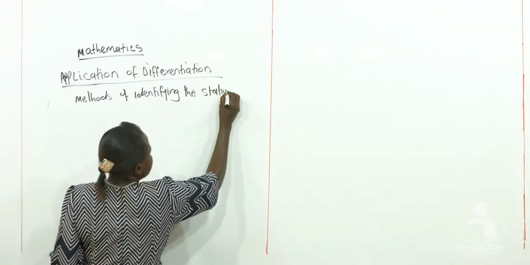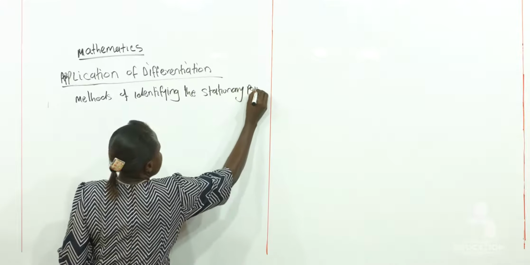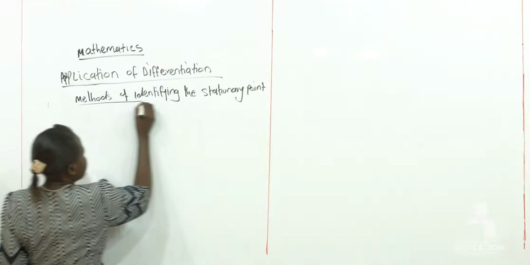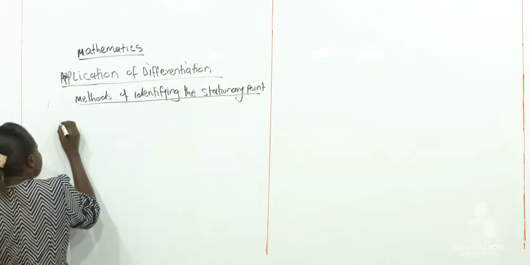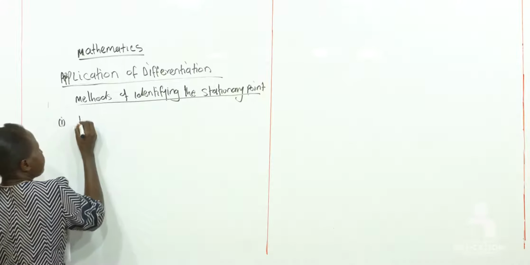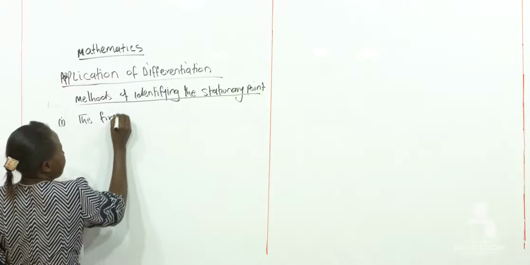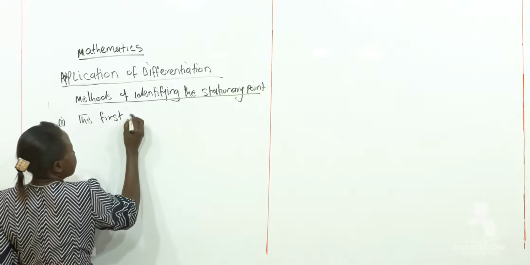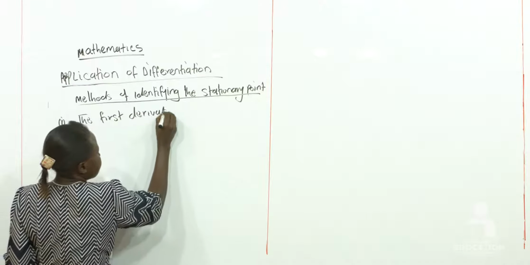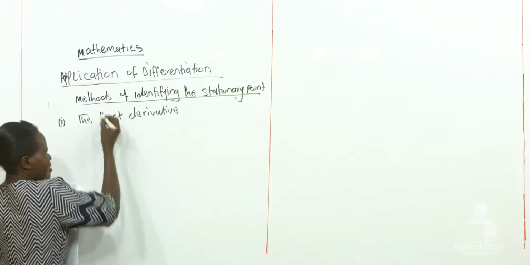We said one of the methods is using the first derivative, and under it we looked at how to use the first derivative in identifying the maximum.